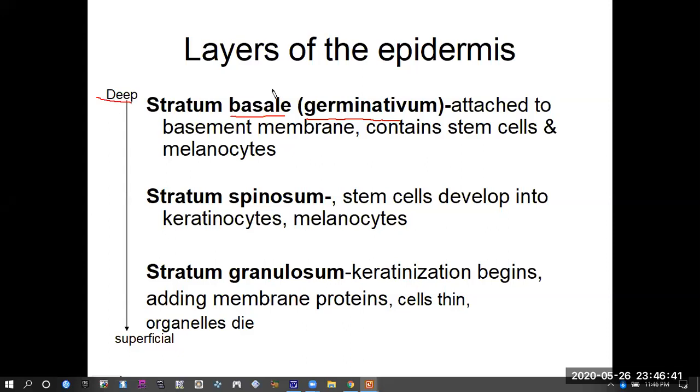So right along the basement membrane, just a single layer of cells known as the stratum basale. And of course, with their stem cell activity and their division, producing new cells. And over time, these cells get pushed out towards now the next few layers. So it's the source of producing the epithelial tissue.